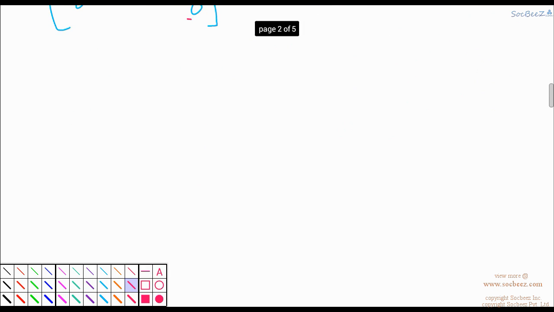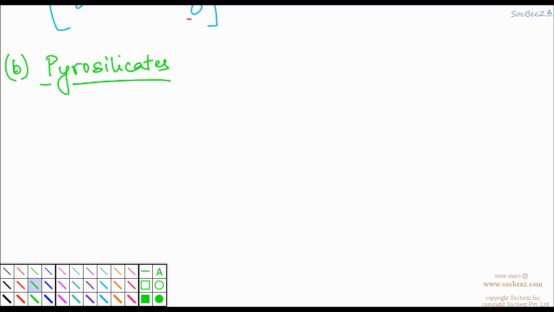The next type of silicates is the pyrosilicates. The structure is as follows. Again, we will draw oxygen over here, oxygen over here, oxygen.